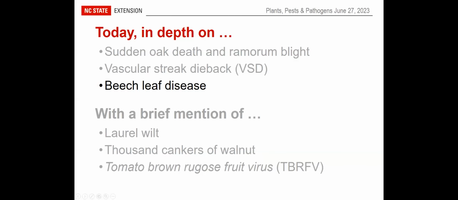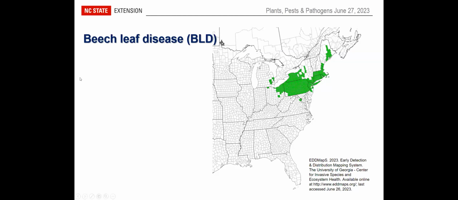Our third invasive for a close look is going to be beech leaf disease, BLD, and this one is found in these marked counties in green. This is from EDDMapS, so you'll be hearing more about EDDMapS later in the year here on PPP. It was first found in Ohio in 2012 and has now spread to the counties indicated, although this map does a great injustice.